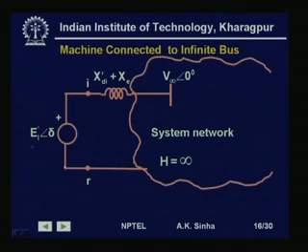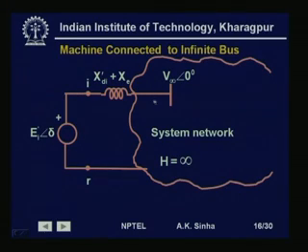Here I had shown this is the ith machine. Similarly, we can think of all different machines, and when we are trying to study the stability of any single machine, this can be any machine, one machine in the system.